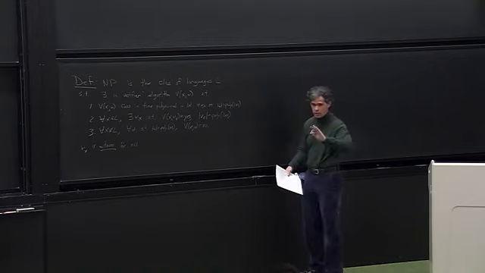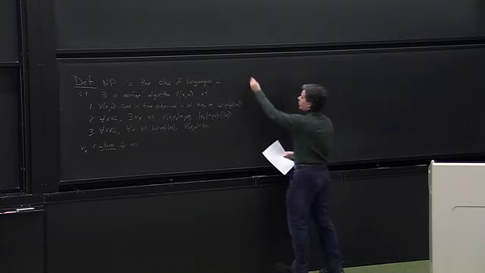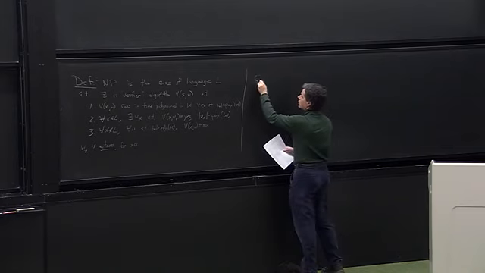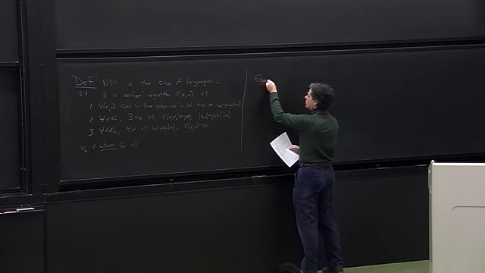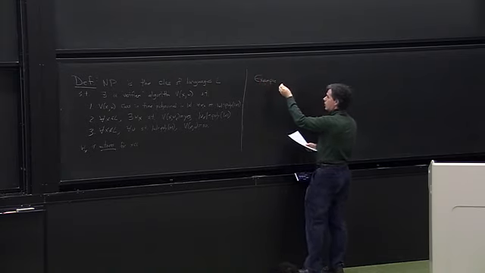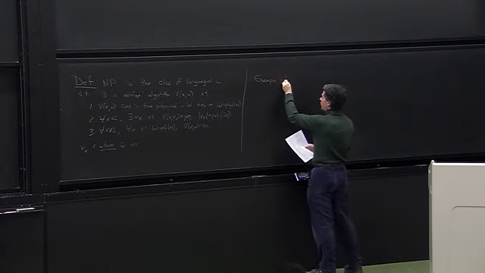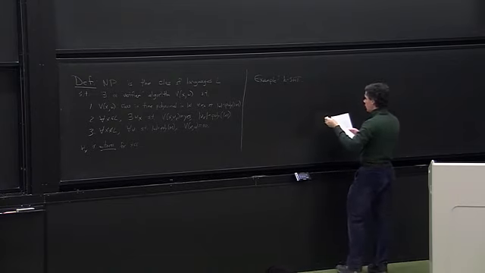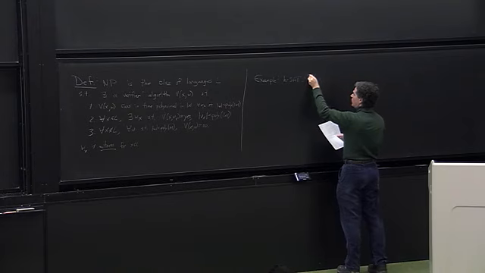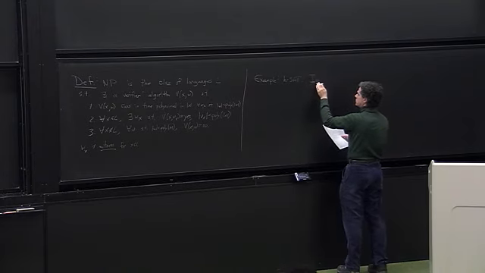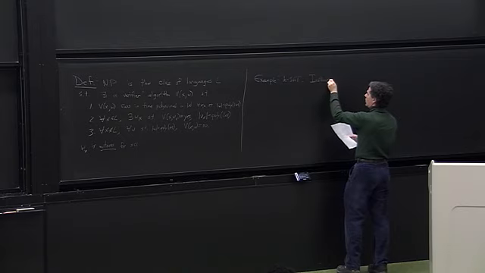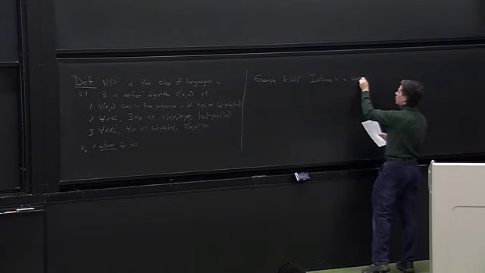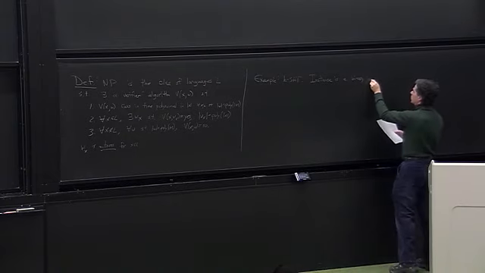OK, and let me give you an example that will hopefully help you understand this definition. This one is called KSAT, for K-satisfiability. So the instances are a binary encoding of some logical formula.